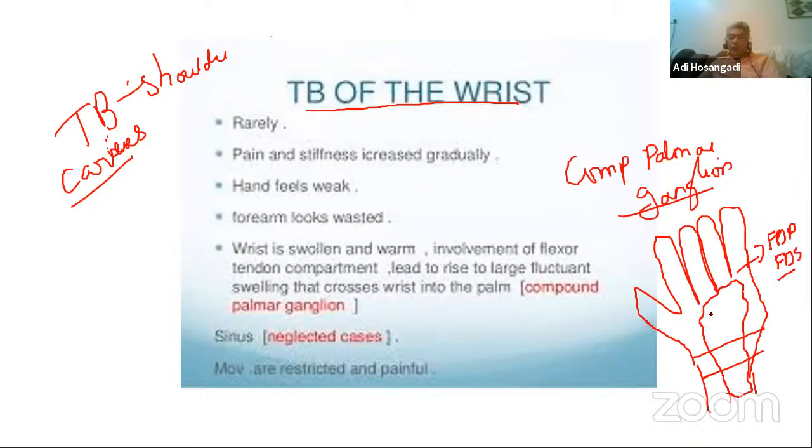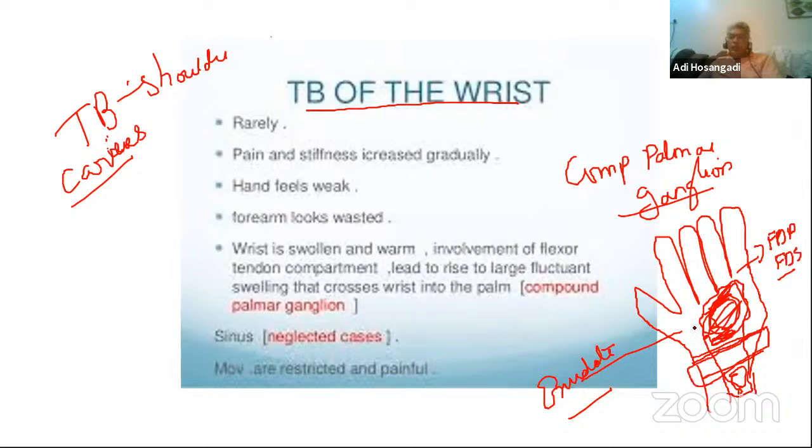So if there is tuberculosis in this synovium, it becomes swollen. This is again the exudative type, where there is a collection of pus, and it becomes a fluctuant swelling going into the palm. But there is a constriction band here because of the carpal tunnel.